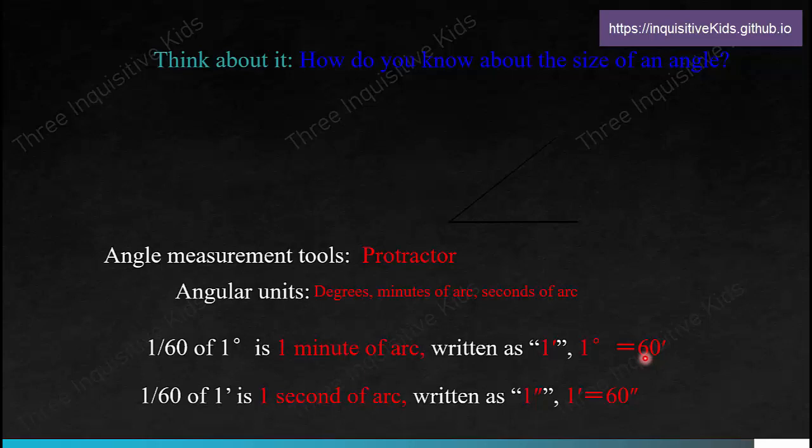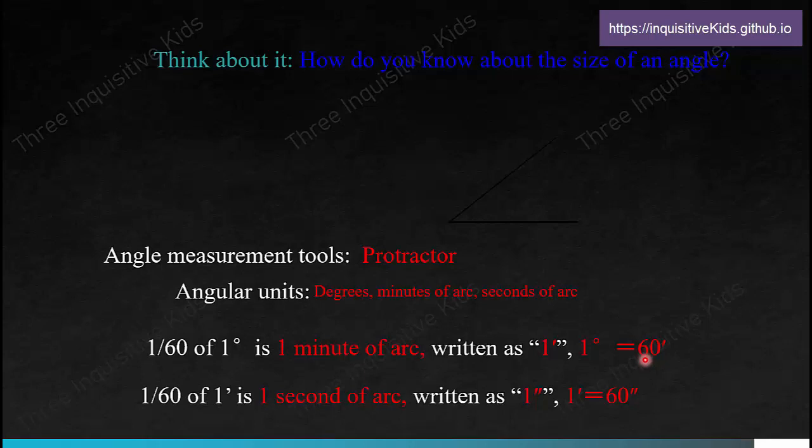Well, think about the clock. How many minutes are in 1 hour? 60. Next one. 1/60th of 1 minute of an arc is 1 second of an arc, written as 1 with 2 apostrophes. And so 1 minute of arc is equal to 60 seconds of arc. If you're good with the clock, you probably know this really well.